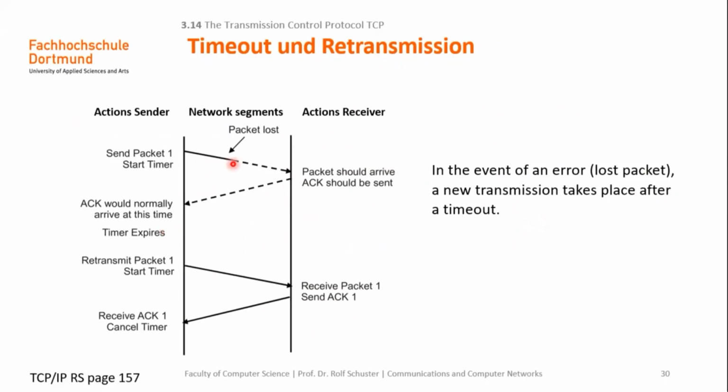If some data is lost, in fact, the transmitter will retransmit after a while, after what we call the retransmission timeout, we retransmit the packet that couldn't be acknowledged by the receiver.